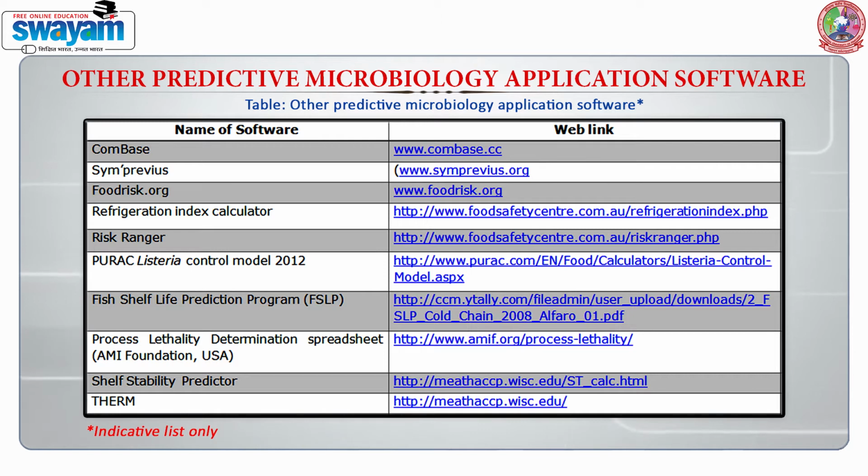We also have fish shelf life prediction program, which is known as FSLP. Then we have process lethality determination spreadsheet, which has been given by the AMI Foundation, USA. Then we have shelf stability predictor. Then we also have one more program which is known as Thumb. This is only an indicative list, but these are the most popular programs which are being used by the researchers across the globe.